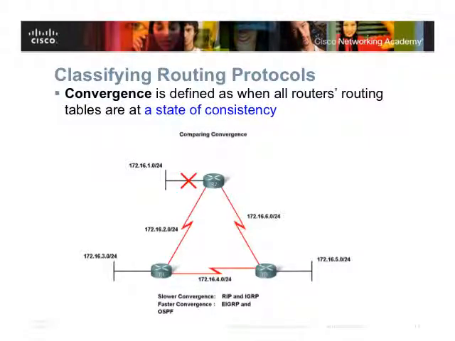Another very important definition is the concept of convergence. Convergence, what does it mean? Convergence means that the routing information, whether it is contained in a routing table or in a link state database, inside these routers is all consistent.